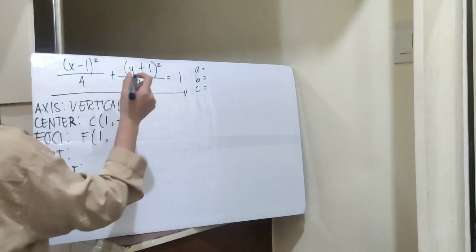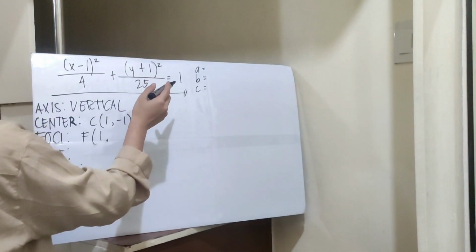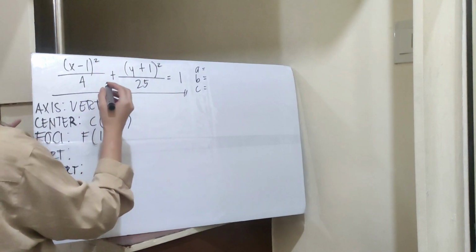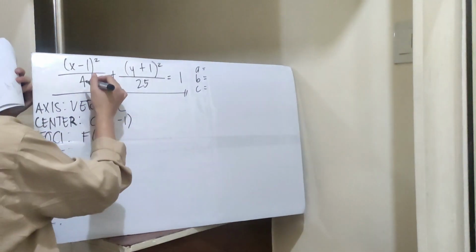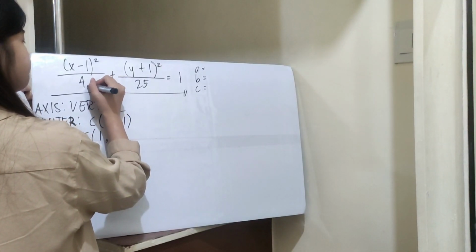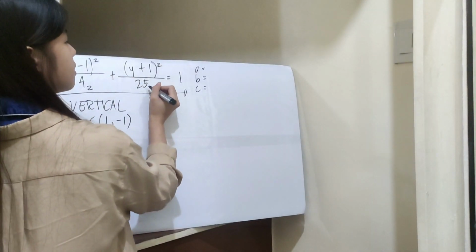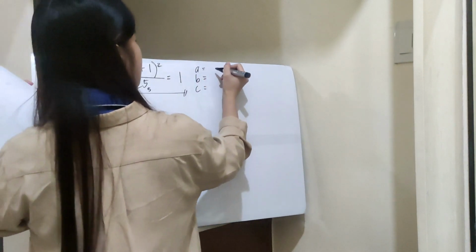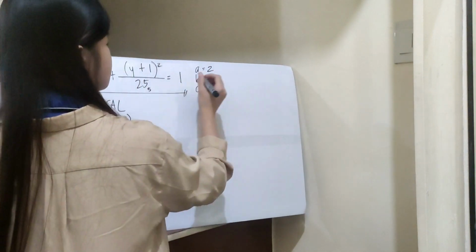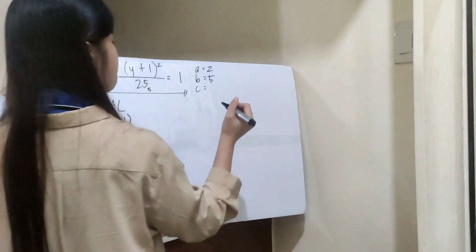So for our a, it is complementary to our x-coordinate. So we have to square this value, which is 2, and this is 5. So our a is 2 and our b is 5.